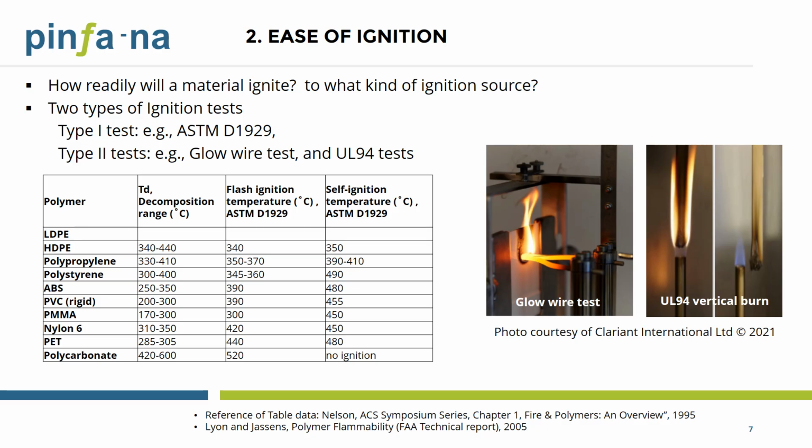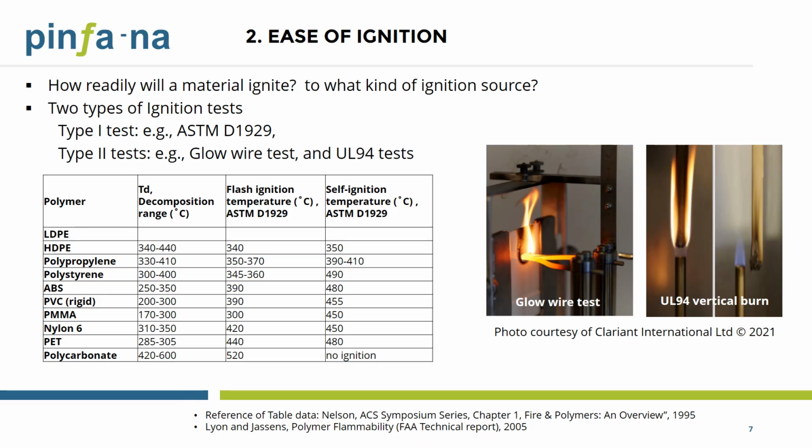The following table shows the flash ignition temperature measured with the pilot flame and self-ignition temperature measured without pilot flame, and the degradation temperature TD measured by the TGA method for a few common polymers. As you may expect, there is correlation between the degradation temperature from TGA and ignition temperature, especially flash ignition temperatures. The audience may find out more details from the references listed here.